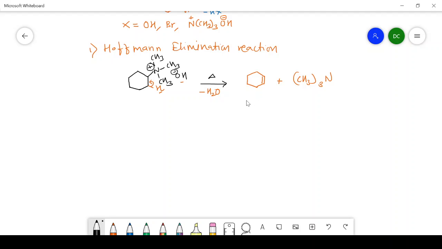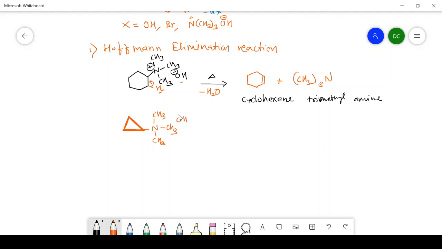The name of the compound is cyclohexene, here a trimethylamine. Instead of cyclohexane, I will take cyclopropane. This is cyclopropane. It is attached with a nitrogen. Nitrogen has 3 methyl groups.